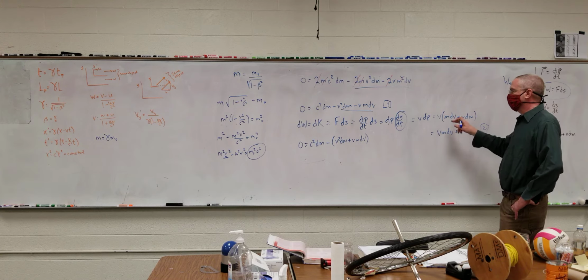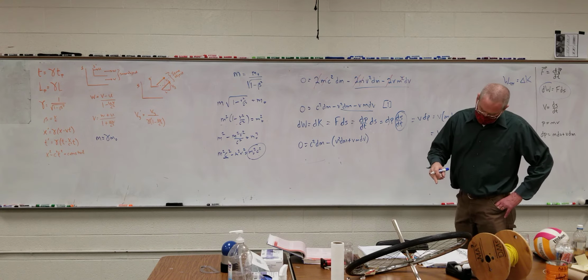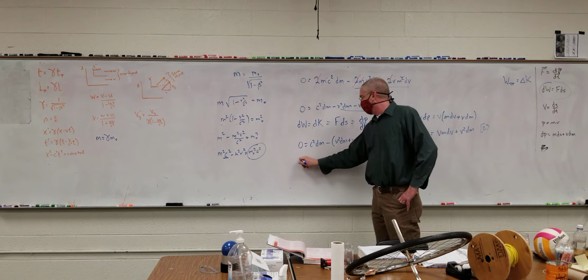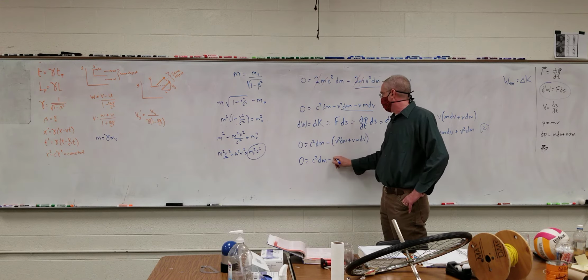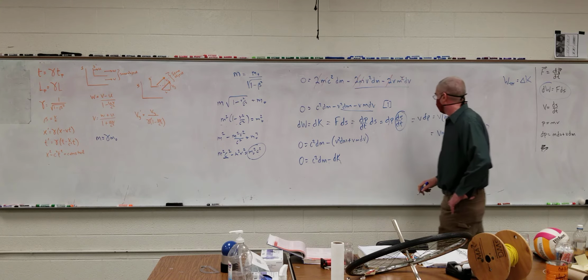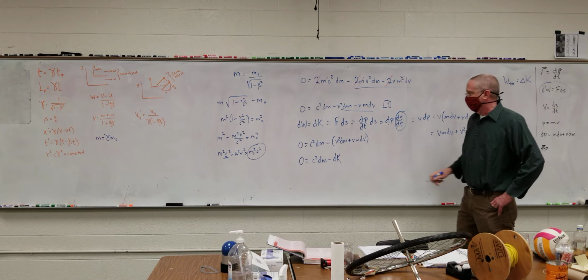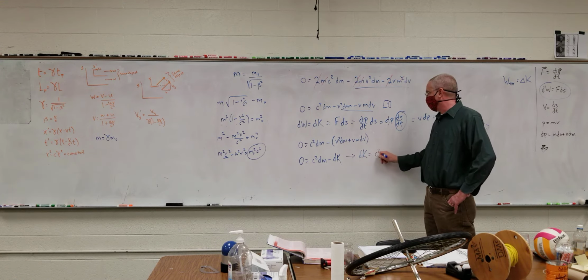So I'm going to put this in terms of, let's see, so I have 0 is equal to c squared dm minus dK. This ultimately traces back to dK. And so dK is equal to c squared dm.